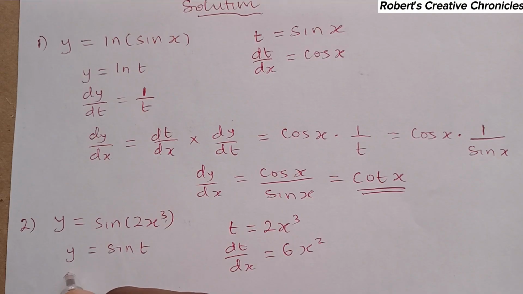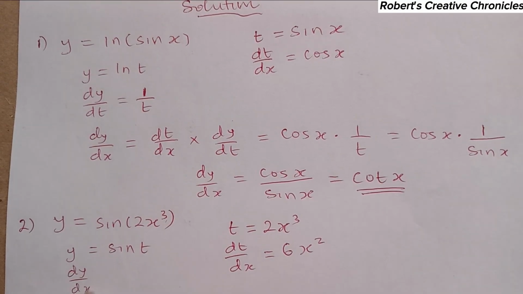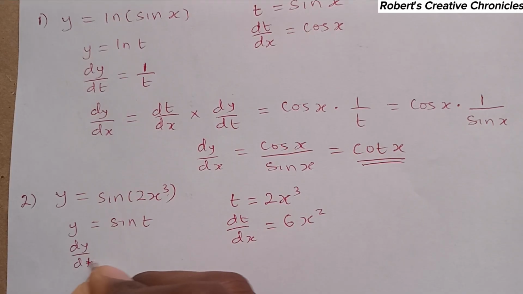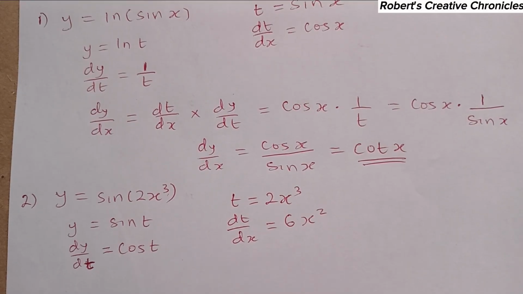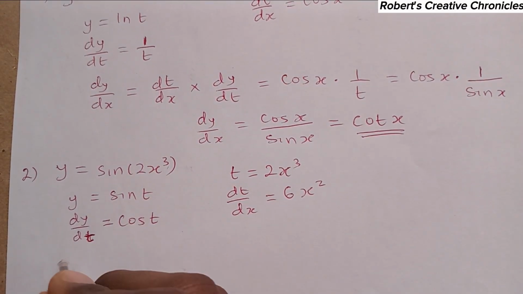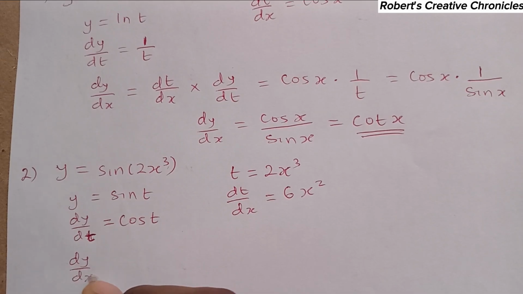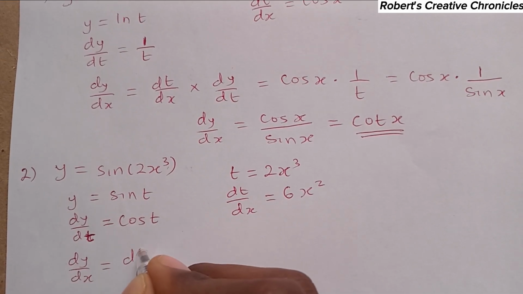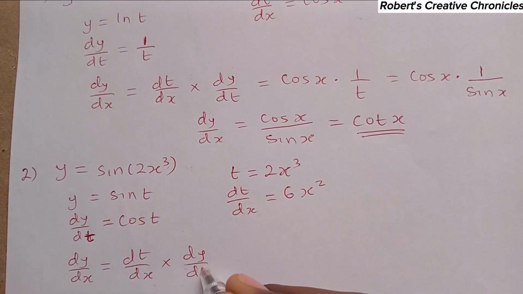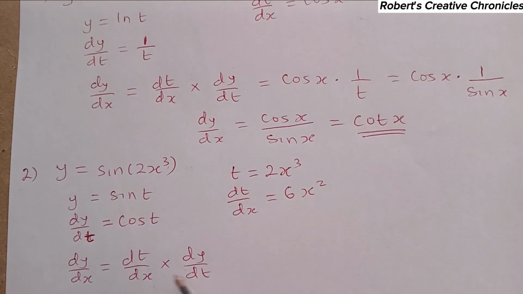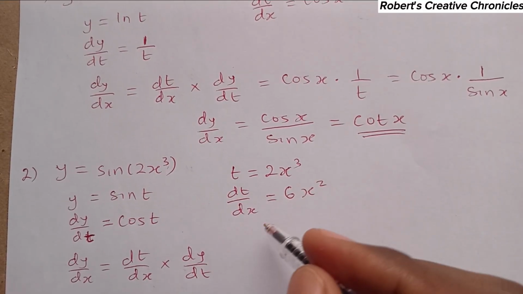So then dy over dt, not dx, is equal to cos t. Then we'll use the chain rule. Dy over dx is equal to dt over dx times dy over dt. So that the dt and the dt will cancel to become dy over dx.